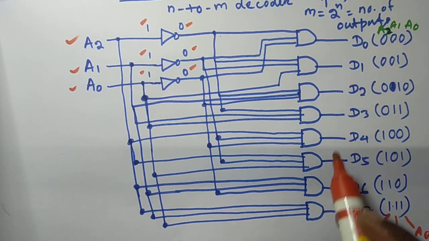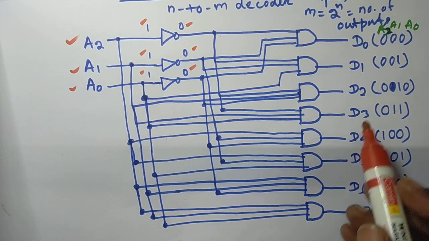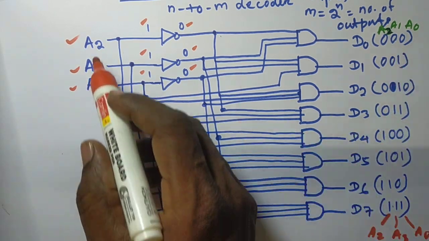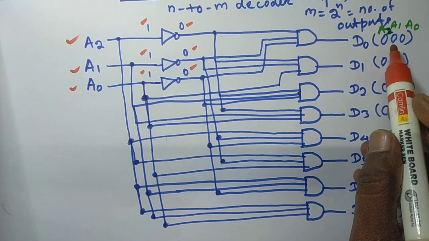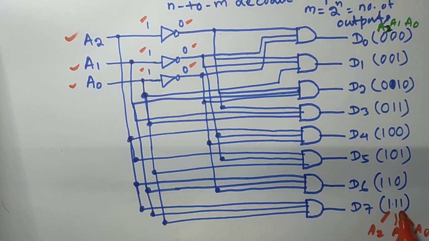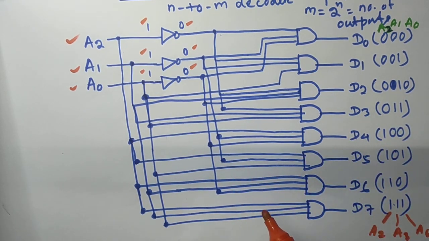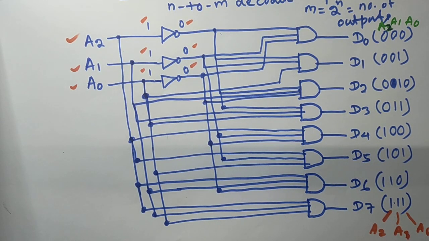These outputs are defined through 3 digits. Since there are 3 inputs, through 3 digits we can define, starting from 000, and the last one is 111. In this way we can design 3 to 8 decoders. This is the basic concept regarding the design of 3 to 8 decoders.